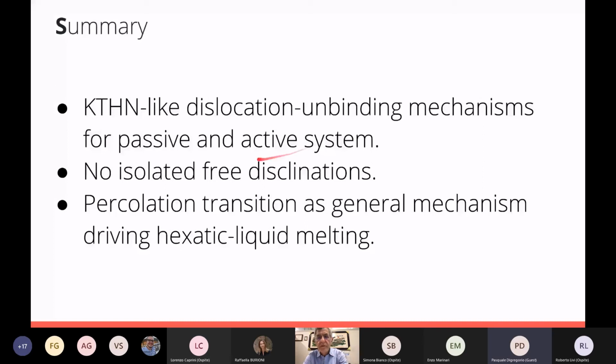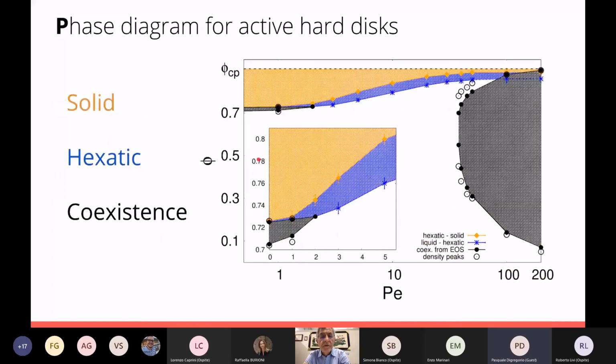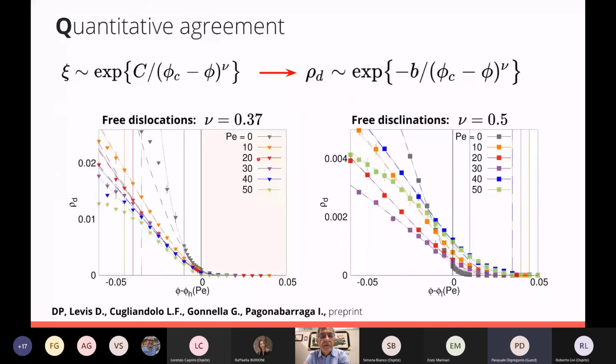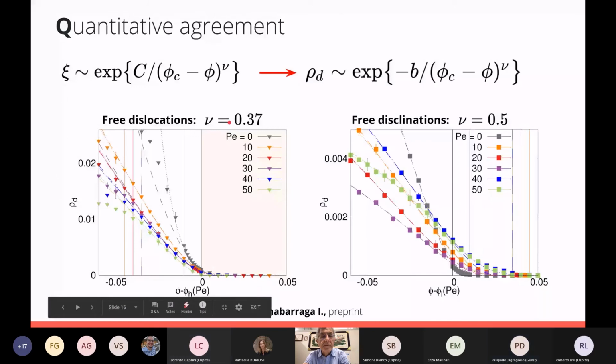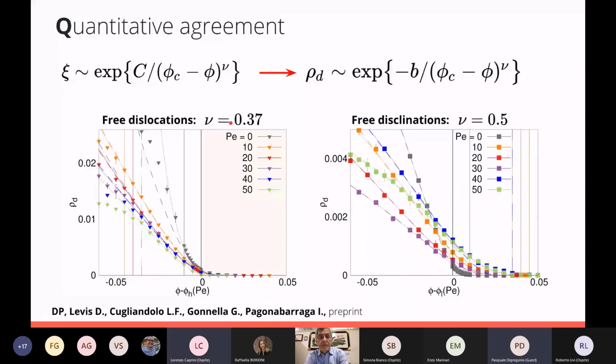that's correct. So let me go back to some slide. As you can see here, if you look at the behavior of defects, we observe a similar behavior, a similar unbinding of free dislocations, for all the cases, for Péclet number zero, the passive case, and for the active cases.